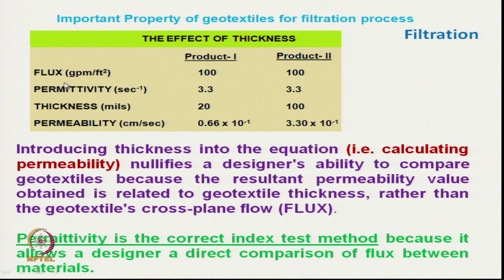Actually, we want to know the flux. Consider two products, product 1 and product 2, with the same flux. The permittivity is the same, but as the thickness of product 2 is 5 times more than product 1, their permeability values change. Therefore, the permittivity is the correct index test method, because it allows the designer to know the actual flux of the material.